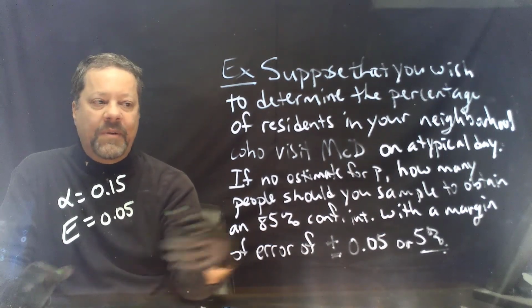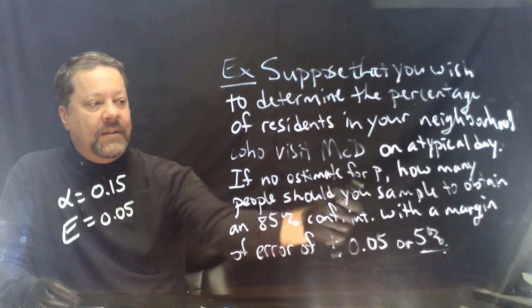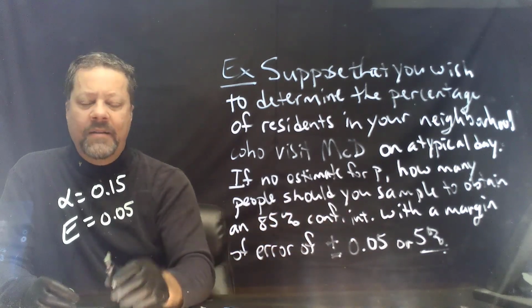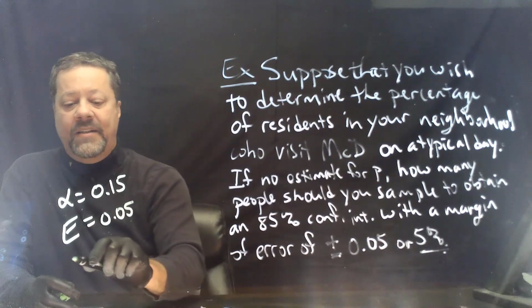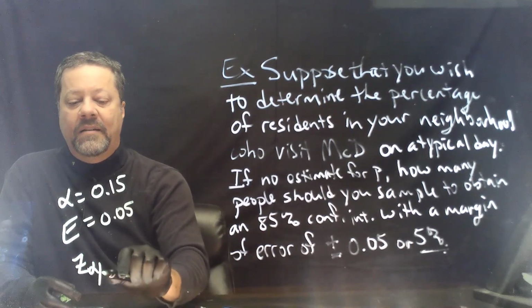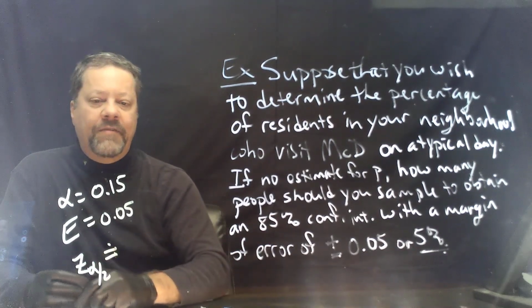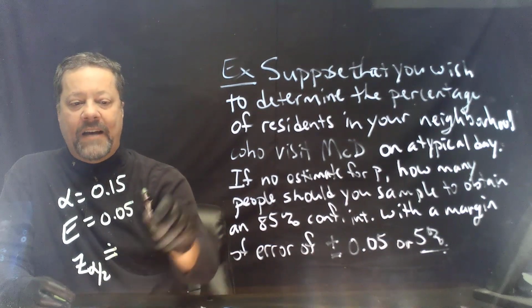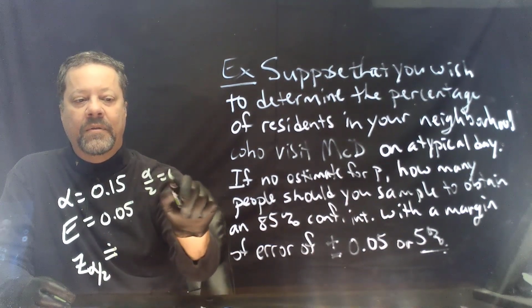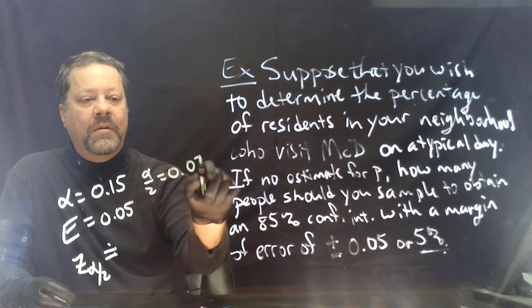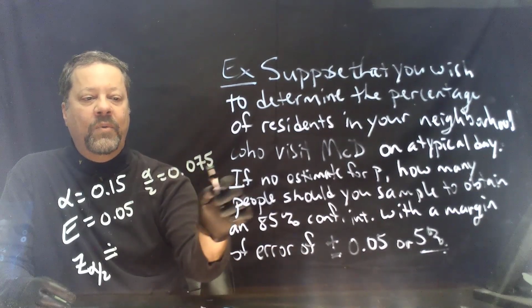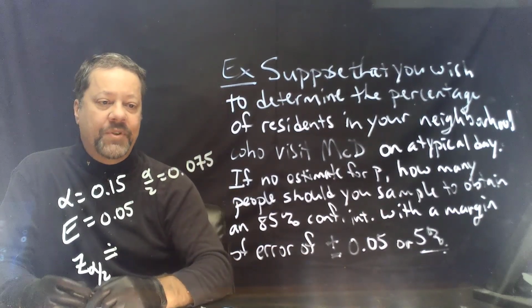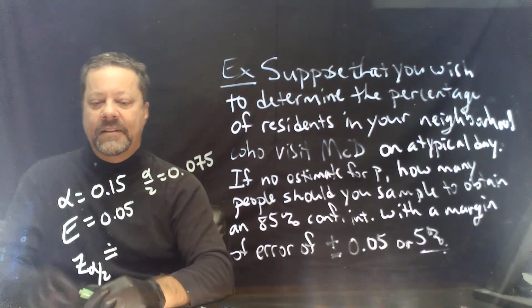So we'll use the formula where we have no idea what the proportion is. The thing that's missing is the critical z. And for that, we need the alpha over 2, which is 7.5%, 0.075.